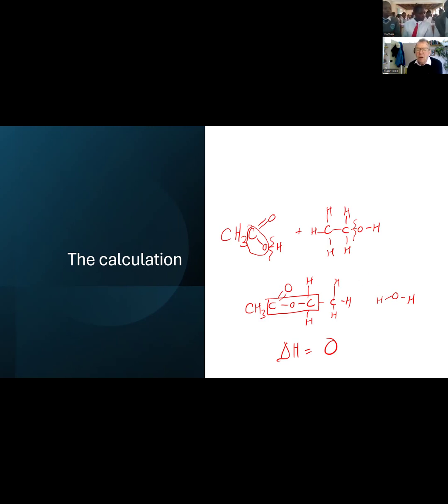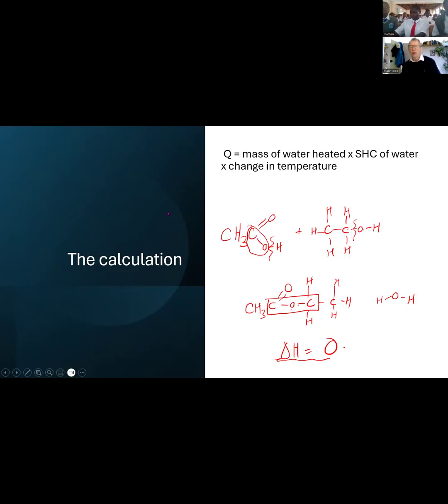So we are breaking one oxygen to hydrogen here, and we're breaking it off here, and we are making exactly the same number. So we're making the carbon to oxygen here. We're breaking carbon oxygen there, making it here. We're breaking and making exactly the same number of bonds. If you calculated all of it, you would come out as delta H is 0, which is quite weird.